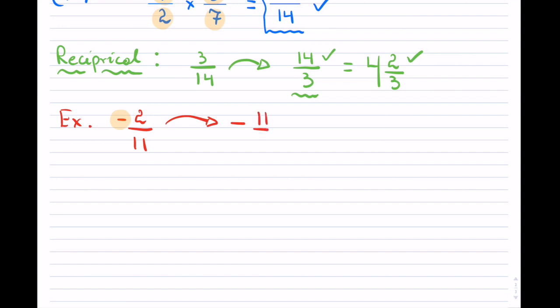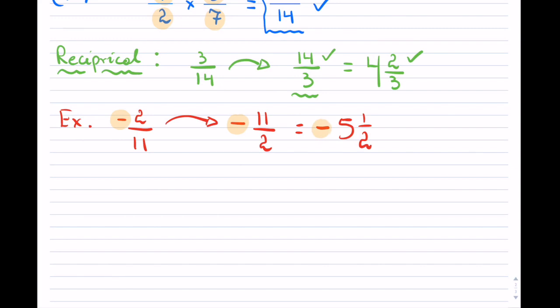So when we now swap, I will get negative 11 over 2. And again, I can change this to a mixed number. 2 into 11 goes 5 times, then I have a half left over. But the negative will just remain.